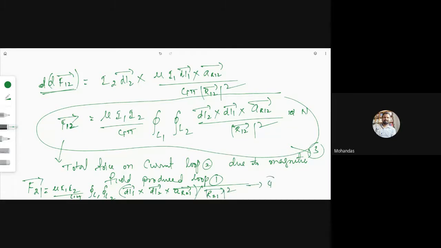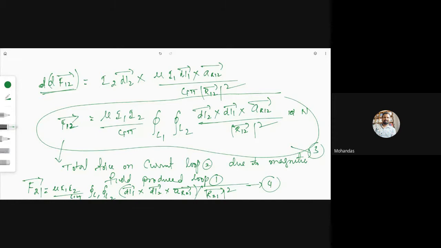This is equation 4. So these are the two forces between the two current loops. But here you have to do a triple integral, dl2 cross dl1 cross a_R2.